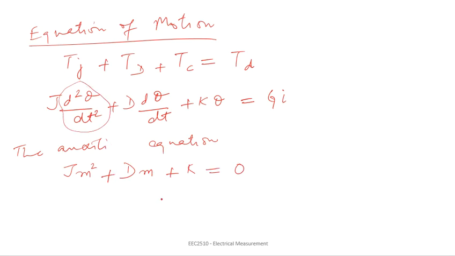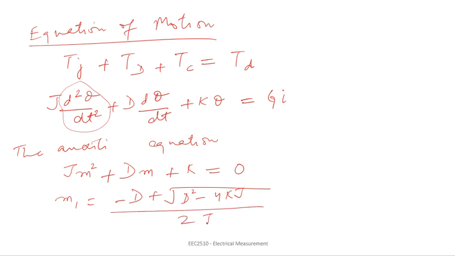Okay, so from here if you just apply the quadratic formula, you can get minus d plus under root d square minus 4 times kj over 2j, and with minus sign also.